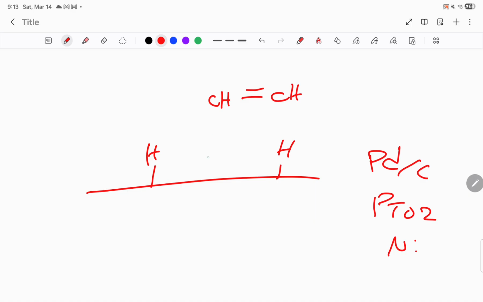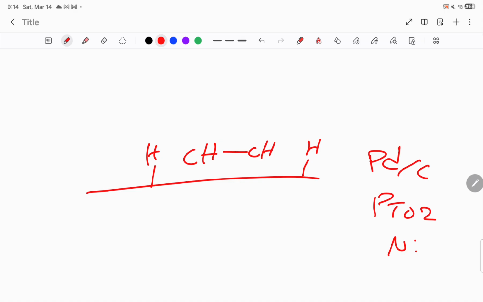And when it adsorbs to the surface, a couple of things happen. This is a little more complex than we need to get to, but it uses its pi bond to essentially adsorb or complex to the metal atoms, I should say, sorry.